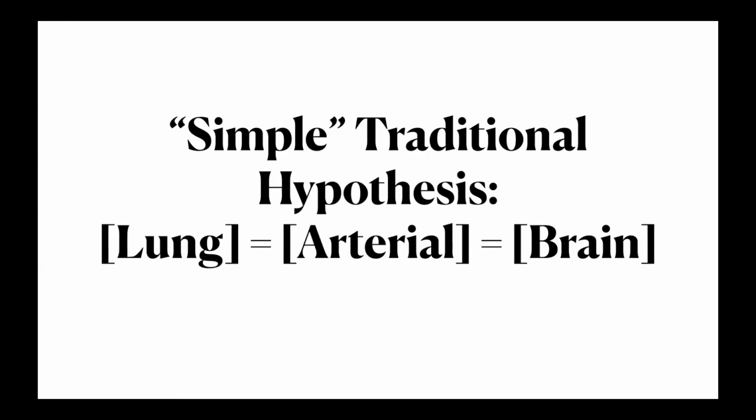Now, this is why, as I said before, it can be confusing. It's because the simple traditional hypothesis is that what's happening in the lung is happening in your arterial blood, is happening in your brain. And there will be a lot of anesthetists out there who will still have this concept with them.